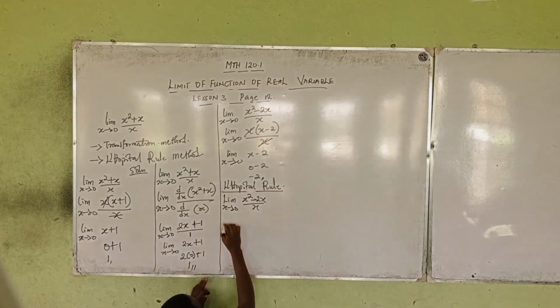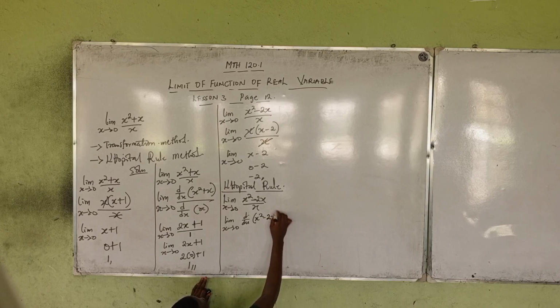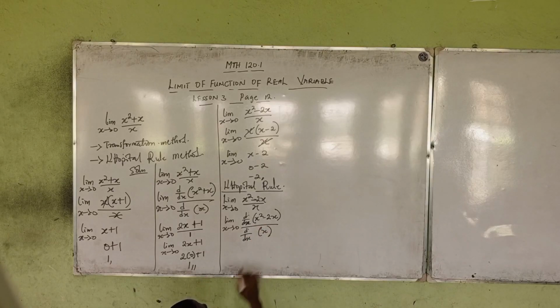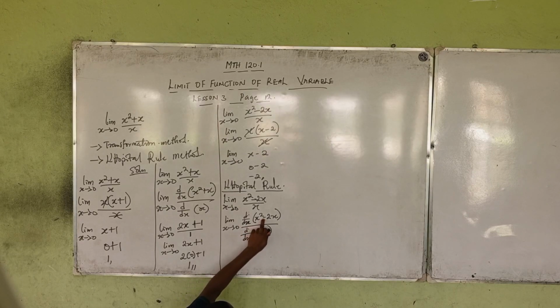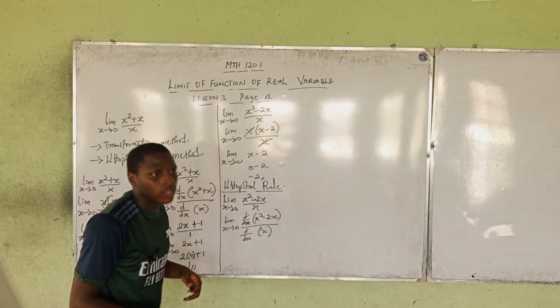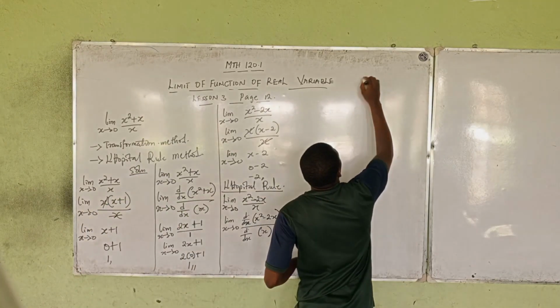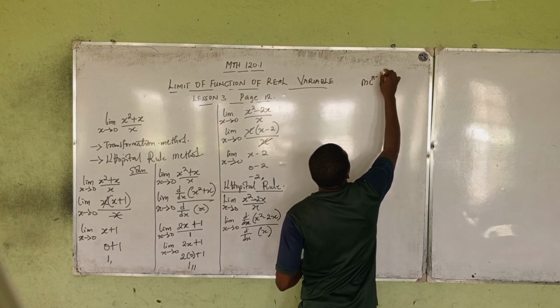Now, you simply have the limit of x tending to 0 of the differential of our numerator, x squared minus 2x, divided by the differential of our denominator, which is x. You are differentiating this and this. Remember, when we talk about differentiation, the rule we are using is n x to the power n minus 1.